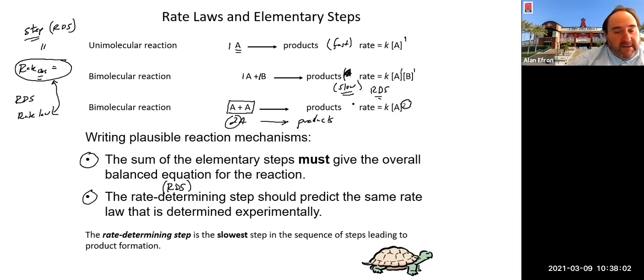If they're nice enough to label those steps for you, you could definitely determine the rate determining step by the one that is recorded as the slowest. If they don't label the steps for you, then what you're going to find through your calculation with the mechanism is a step that will have a rate law that matches the observed or experimental rate law exactly, and then you'll know that is the rate determining step.